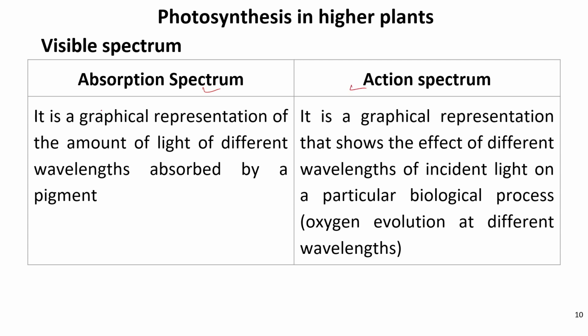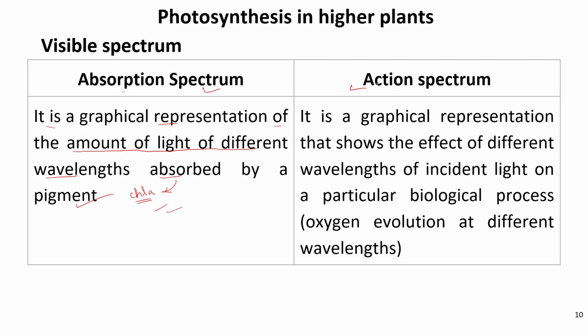Alright, now let's talk about the absorption spectrum and the action spectrum. How can we define absorption spectrum? It is the graphical representation of the amount of light of different wavelengths absorbed by a pigment. Suppose you take the example of the pigment chlorophyll A: the amount of light of different wavelengths absorbed by chlorophyll A, or chlorophyll B, or any other carotene, xanthophyll.